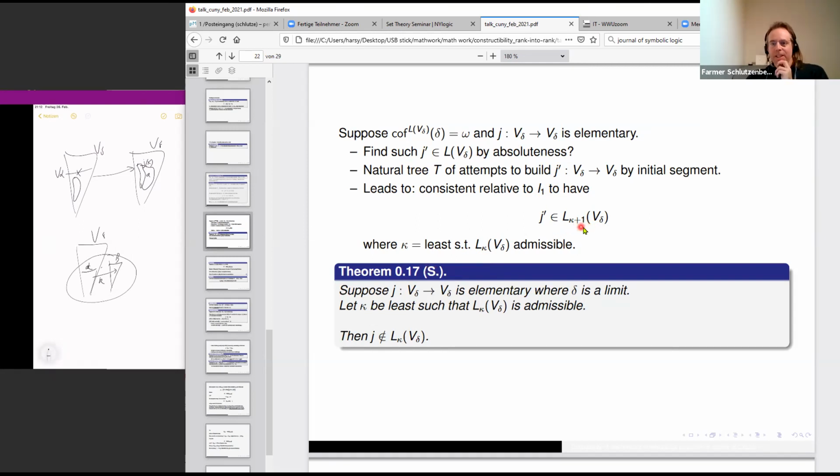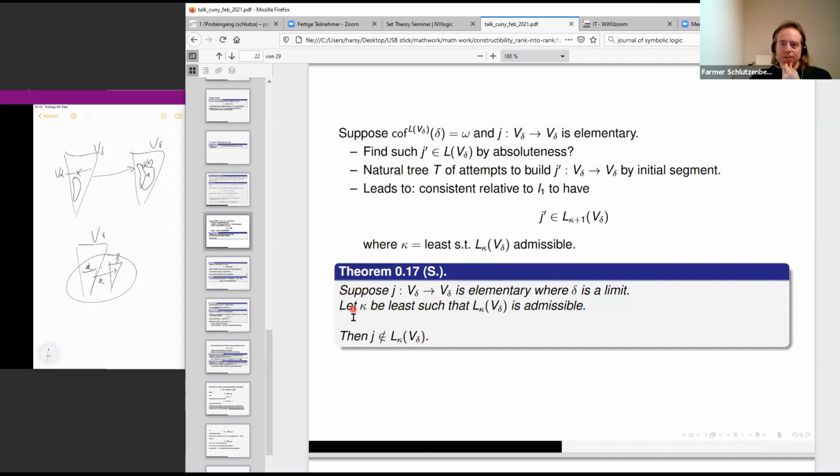Anyway, you can get it here, but it turns out that that's optimal. If you've got any elementary embedding from V delta to itself, where delta is a limit and kappa is least such that L kappa V delta is admissible, then J is not in L kappa V delta. So L kappa plus 1 is the least level you could construct it at.